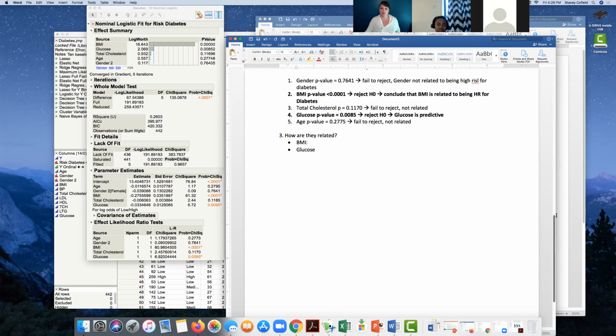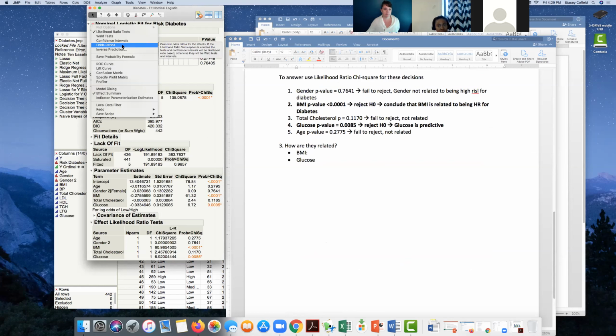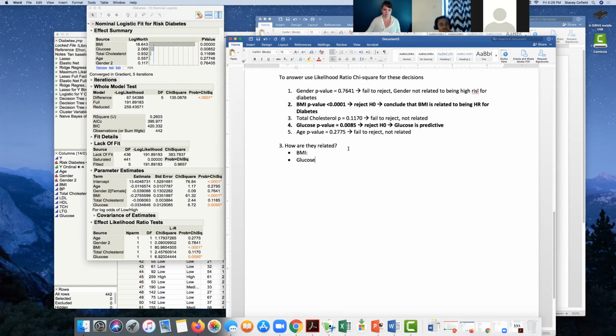To do that, what I want to ask for here are the odds ratios. The red drop-down arrow at the top.